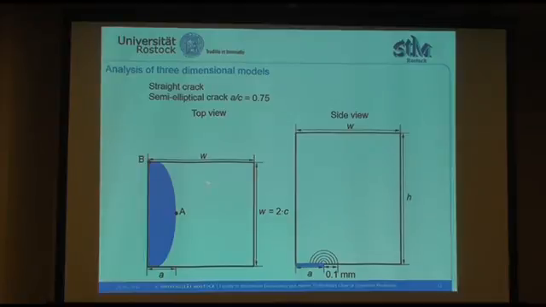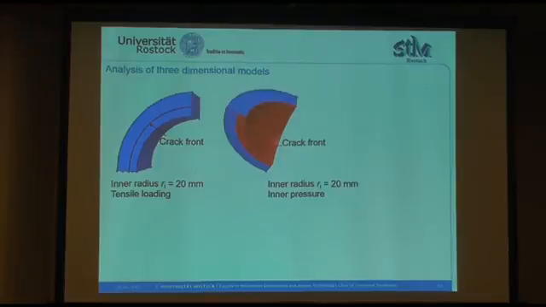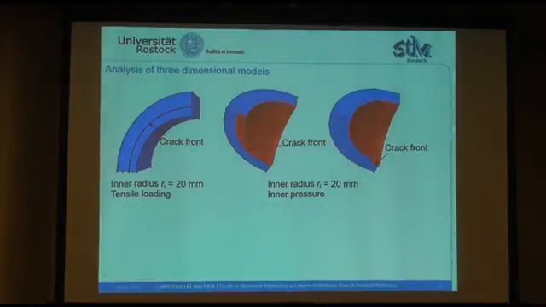Interesting points of this crack front are the point A and the point B. Other three-dimensional models I analyzed were a pipe under tensile loading with a circumferential crack and a hollow sphere under inner pressure with also a circumferential crack and a semi-elliptical crack front. For all the models, the advantage of symmetry was taken.